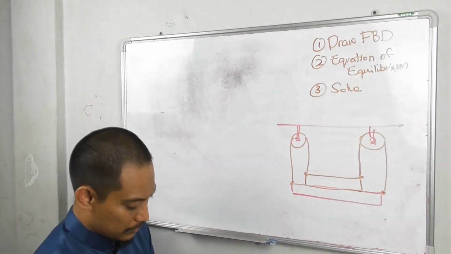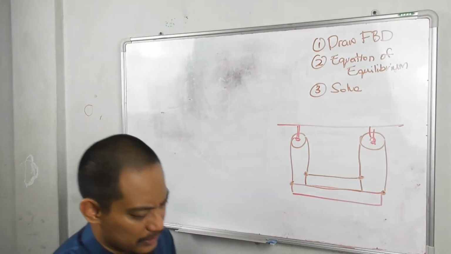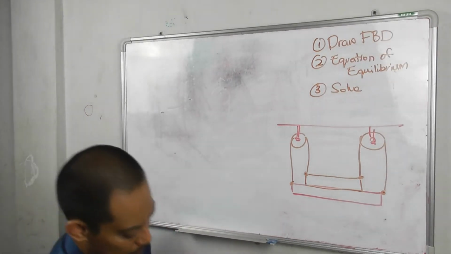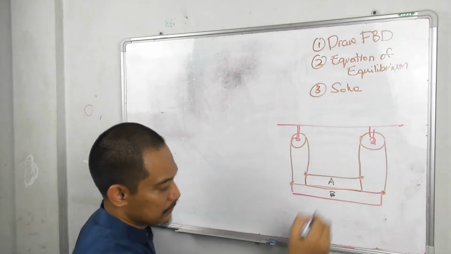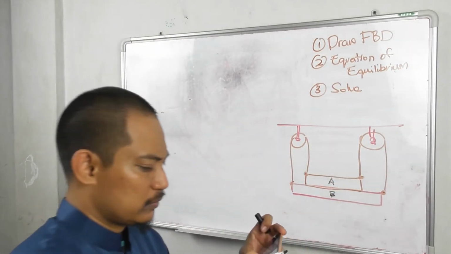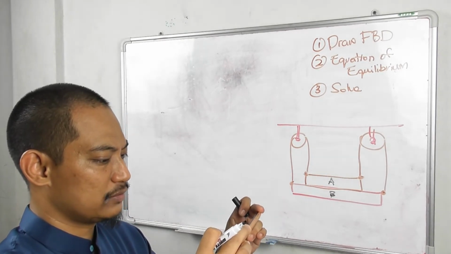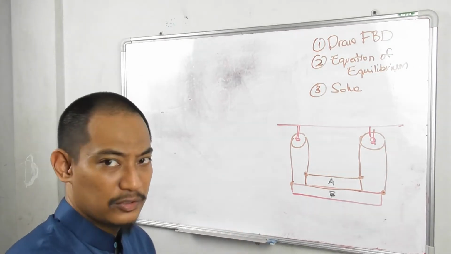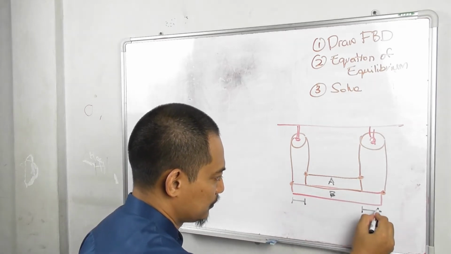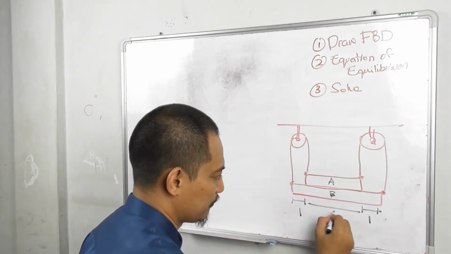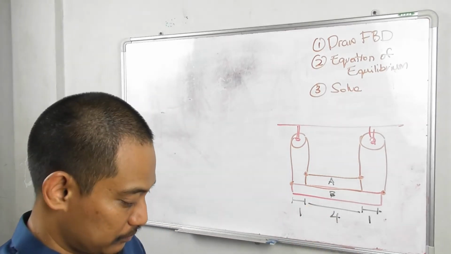I cannot see clearly the dimension given, but this is A, this is B. What is this? 1 and 4, I think. I cannot see the number clearly, but I assume the dimensions are 1, 1 and 4.